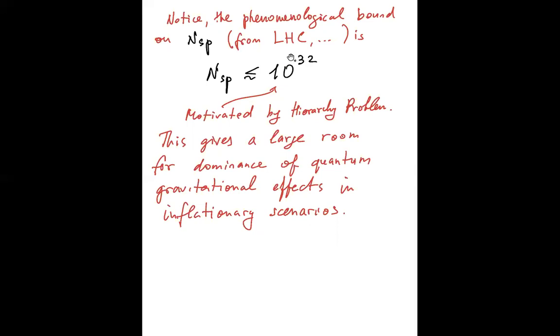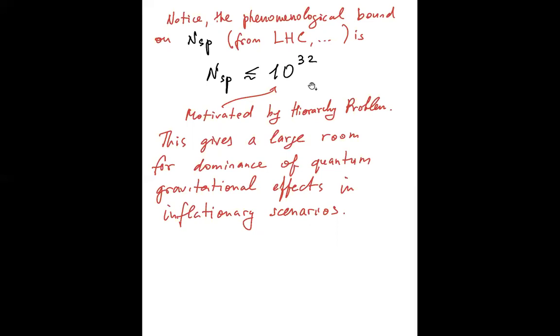This is the bound from the LHC experiment, Large Hadron Collider, and it comes from the fact that if the number of species were much larger than this, the Large Hadron Collider would see strong gravity effects. Because the Large Hadron Collider is not seeing strong gravity effects, the maximum number of species is around this scale.